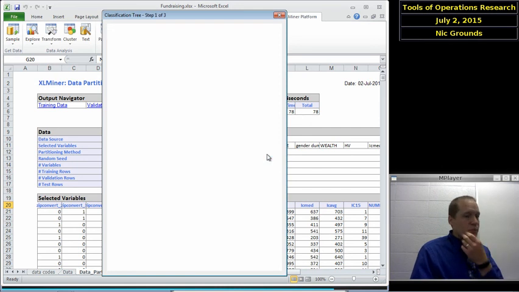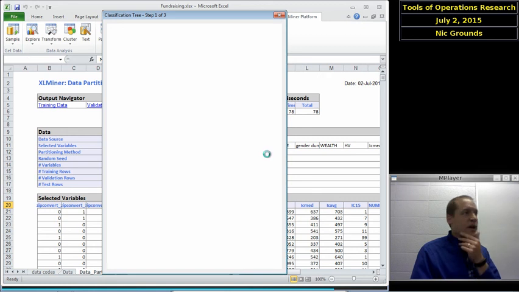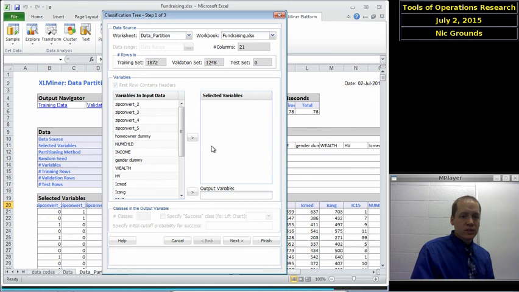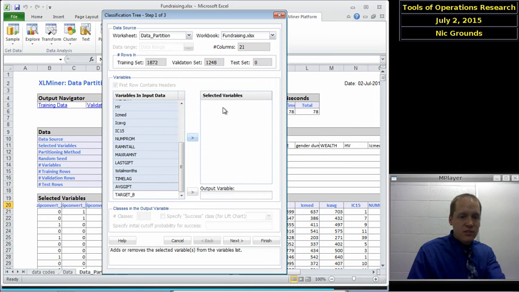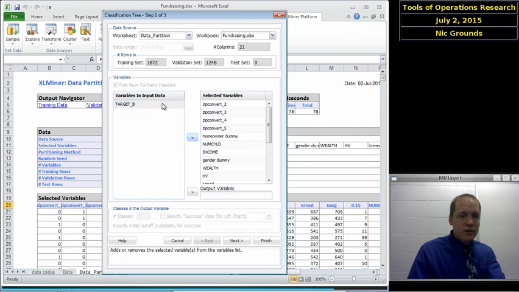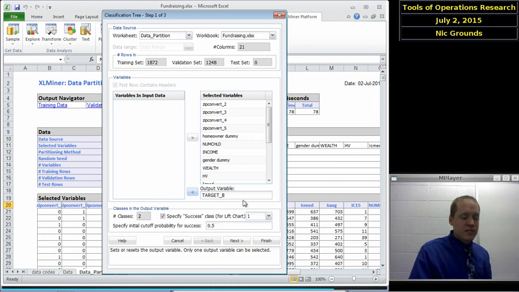All right, and if you remember, I said there aren't really any parameters except parameters that limit how the algorithm works. So we'll start by saying which are the fields we use to find patterns, to figure out what value to predict or classify, and then what is the field that's the output that we're wanting to classify.